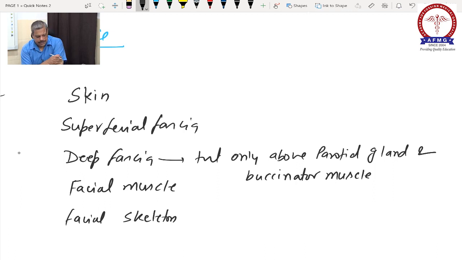In the rest of the face, it is absent. Deep fascia is absent in the face.